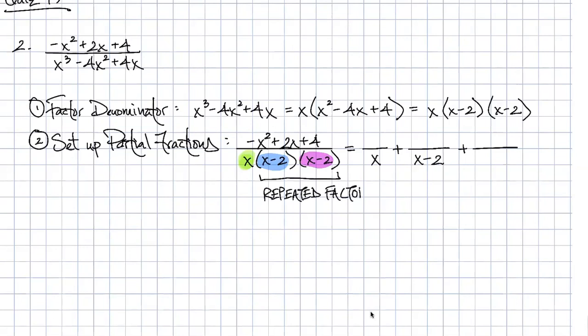We have the x minus 2 once in the blue, and again in the purple. So the last denominator is actually going to be x minus 2 squared. Does that part make sense so far?